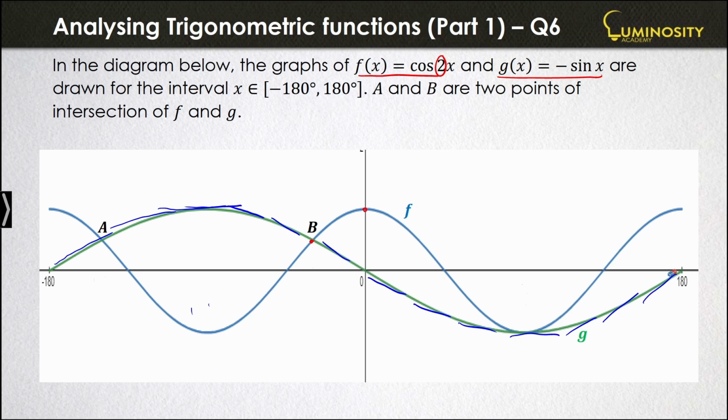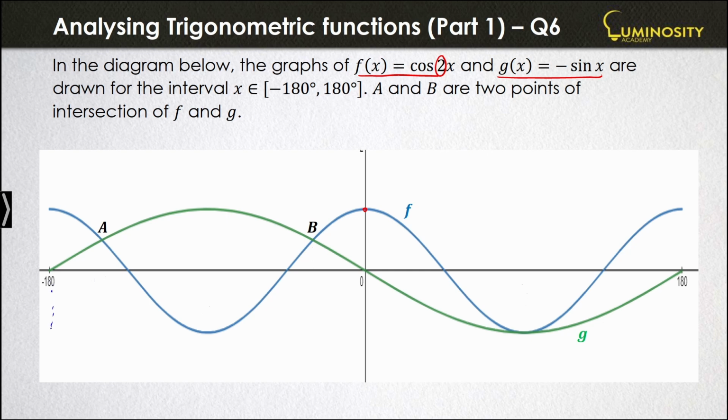But tangent lines give the first derivative at that point. The gradient of a tangent line is the derivative at the point of contact. So what we can do is create a sort of chart that maps out whether the graph increases or decreases, and from there determine what the derivative value is.